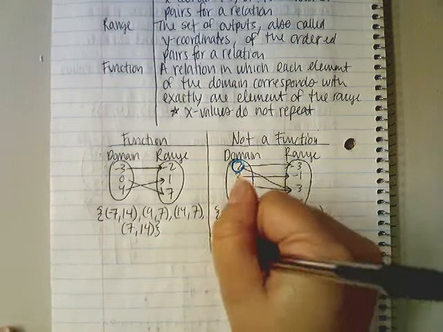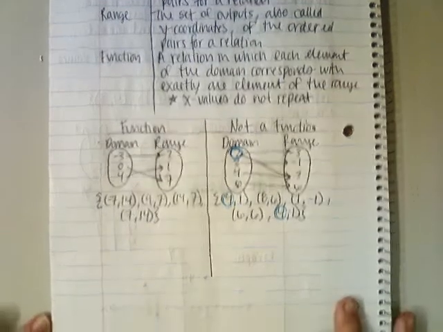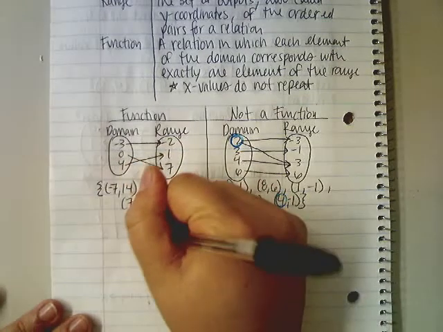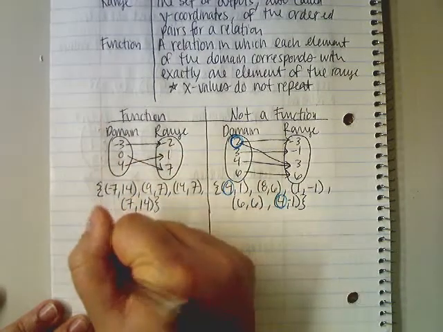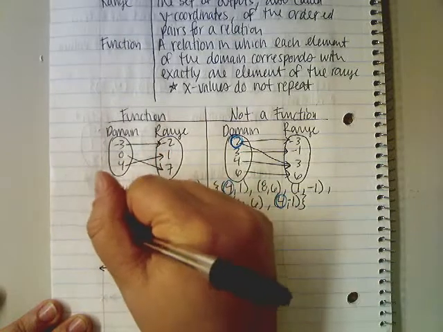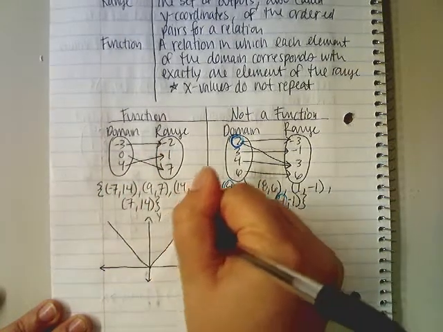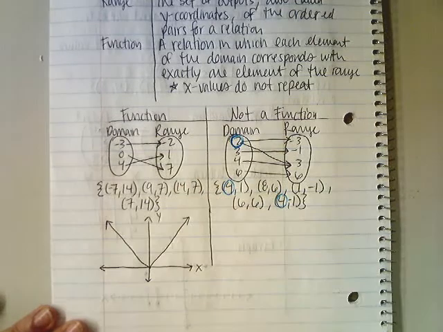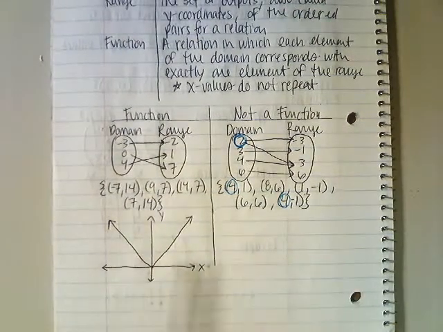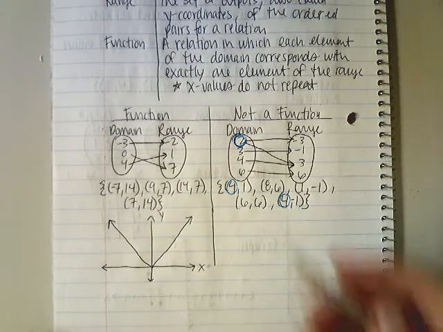The last thing I'm going to do is show us the graph and how we can tell with the graph that it's not a function. So one, we'll draw a function here. If I had my x and y axes, say I had, we'll do an absolute value graph. Don't need to know this right yet, but you can see just going across that there is no x value repeating, because we can do what's called a vertical line test.